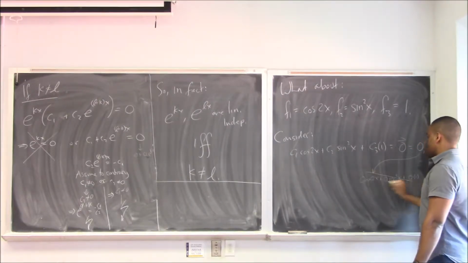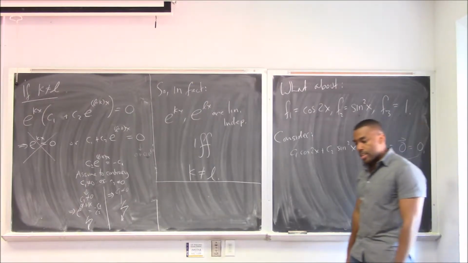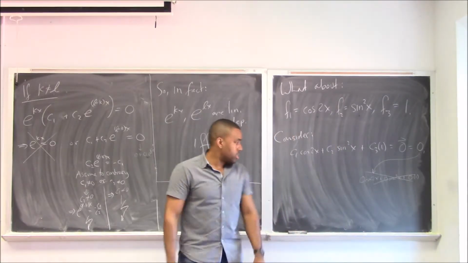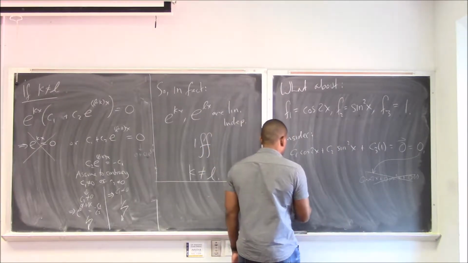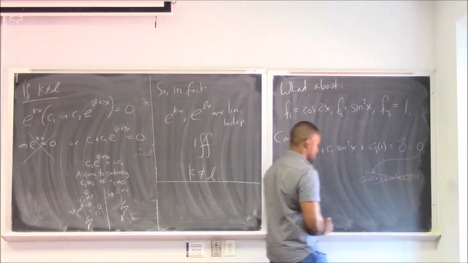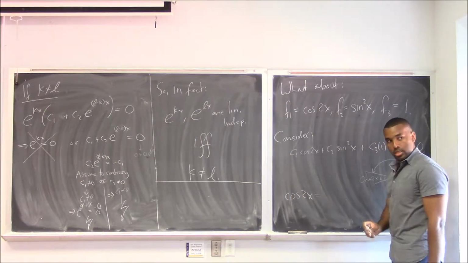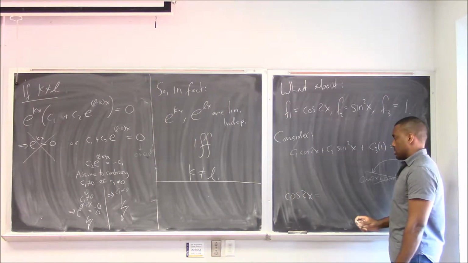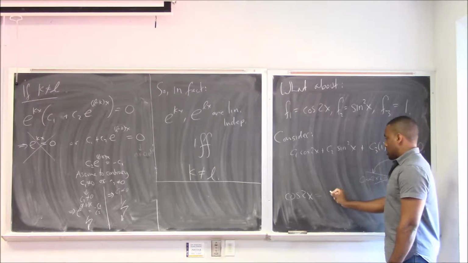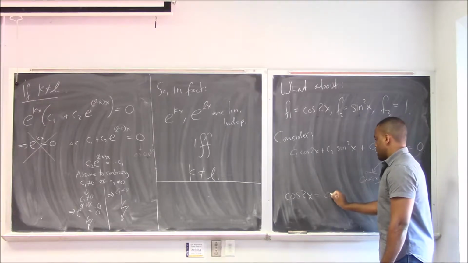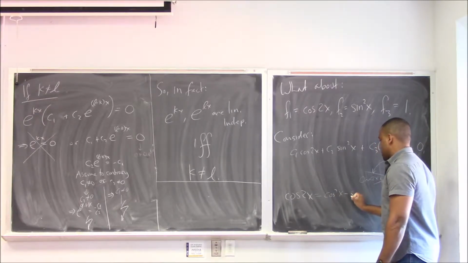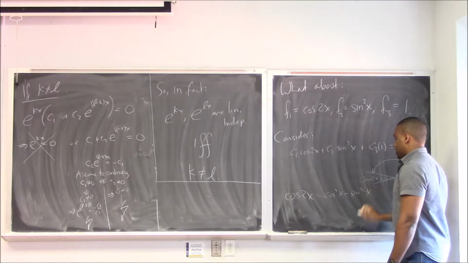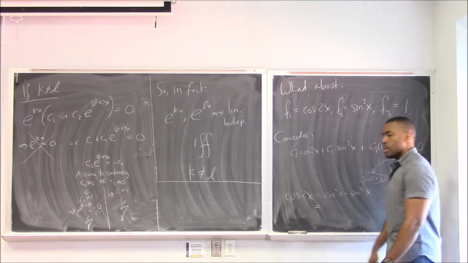So there is a non-zero solution, and it does come from a trig identity. If you look at the double angle form for cosine, remember what that is? Cosine squared x minus sine squared x. Are there other ways to write this one in particular?